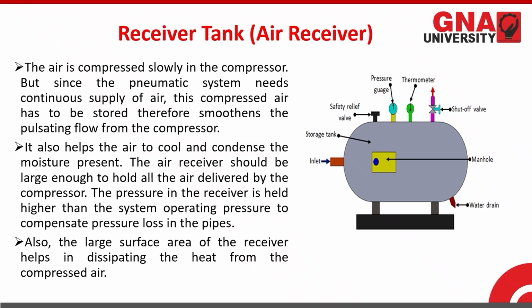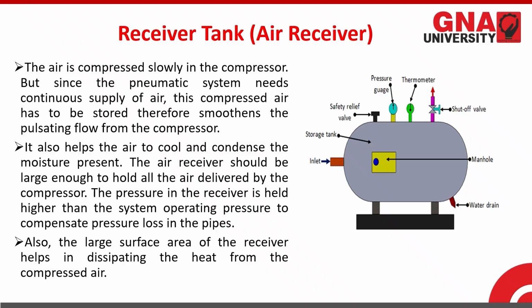We also have the pressure gauge here, which is used to set the pressure limits of the output air from this receiver tank. The pressure in the receiver is held higher than the operating system pressure to compensate for pressure loss in the pipes also.